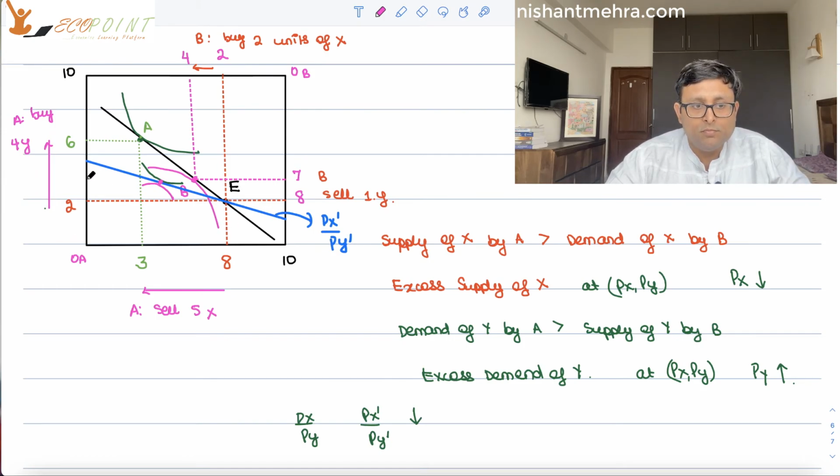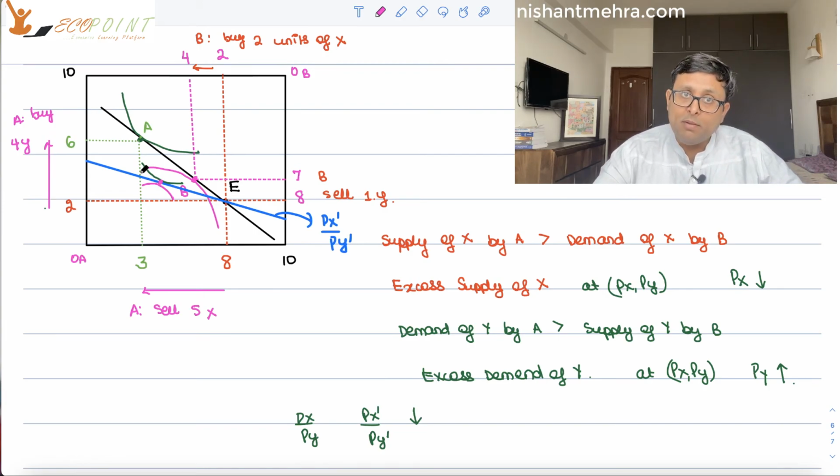So at this line, let's say I'm going to maximize my utility here, and at this line you're going to maximize your utility here. So the amount of X which I'm demanding is equal to the supply of X which you are supplying, and the amount of Y which I am supplying is equal to the amount of Y which you are demanding. So ideally, what I mean is that there is going to be demand equal to supply at this particular point.